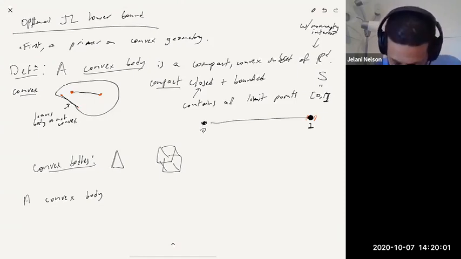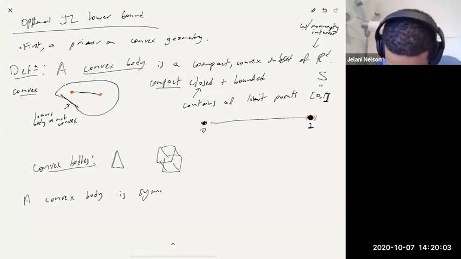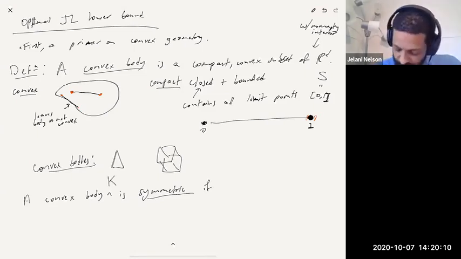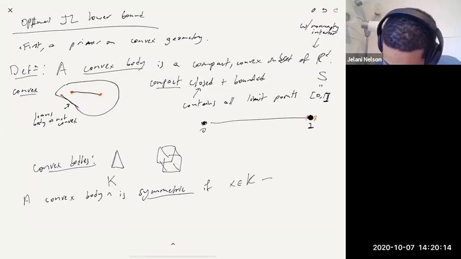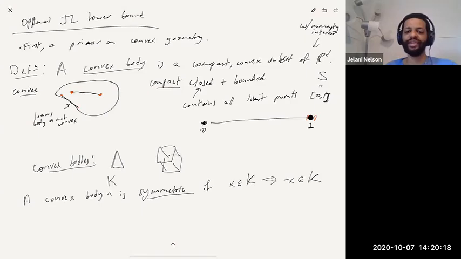And a convex body K is symmetric if x in K implies that minus x is in K, just like coordinate-wise negation. In particular, notice that a symmetric convex body has to contain the origin.